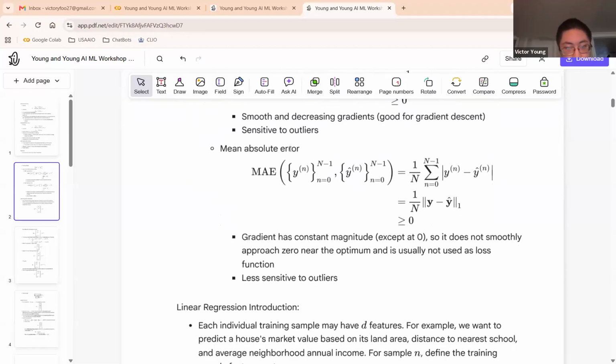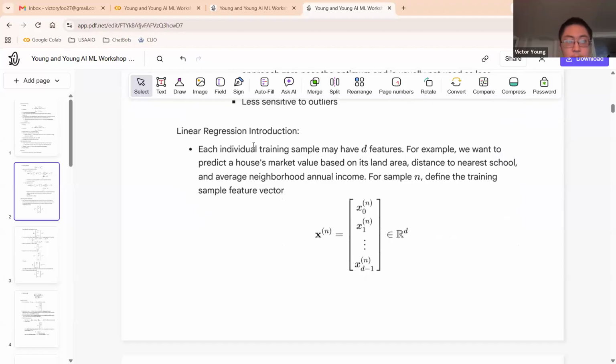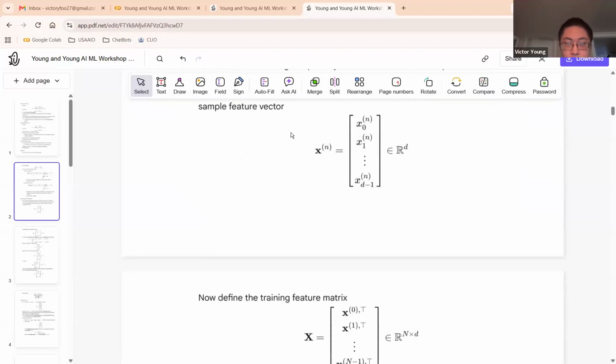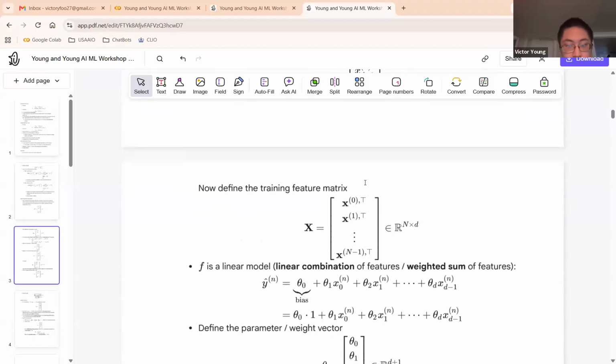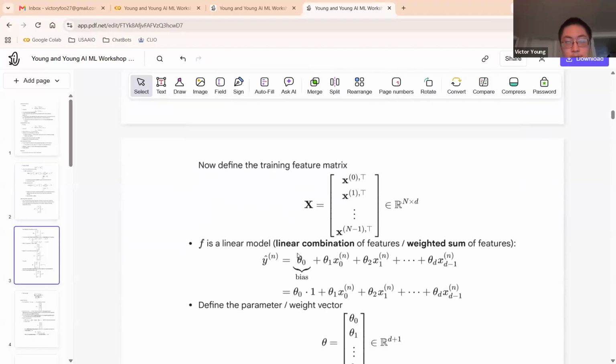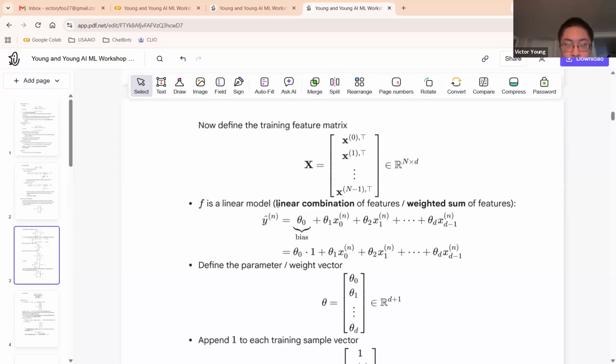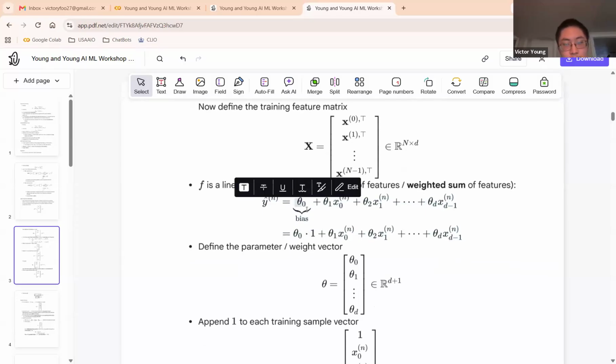And there's also mean absolute error. We introduced how we go from data into a big matrix, and we also talked about matrix multiplication, as well as how we integrate the bias into X.